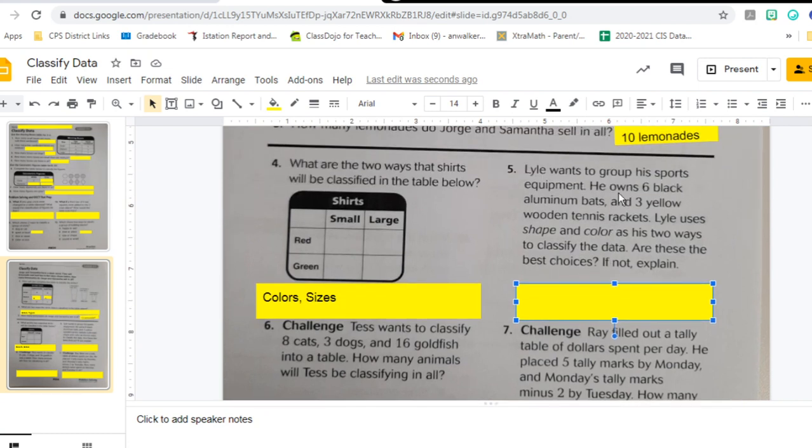Well, it looks like Lyle is going to choose between black aluminum bats, yellow wooden tennis rackets. So I see 2 colors there, so he could definitely classify his data by color.